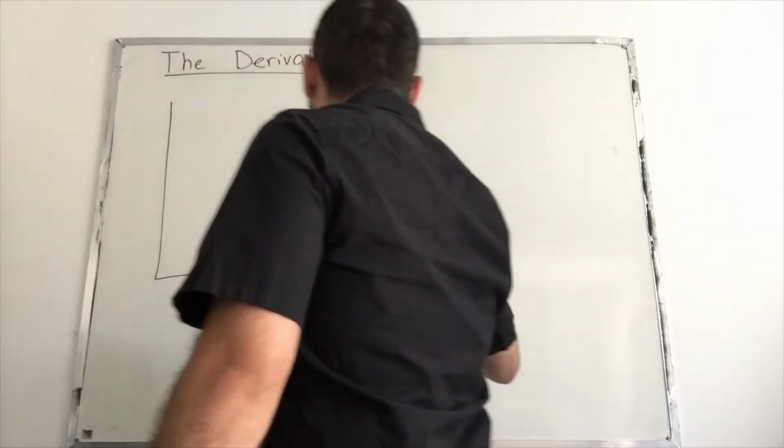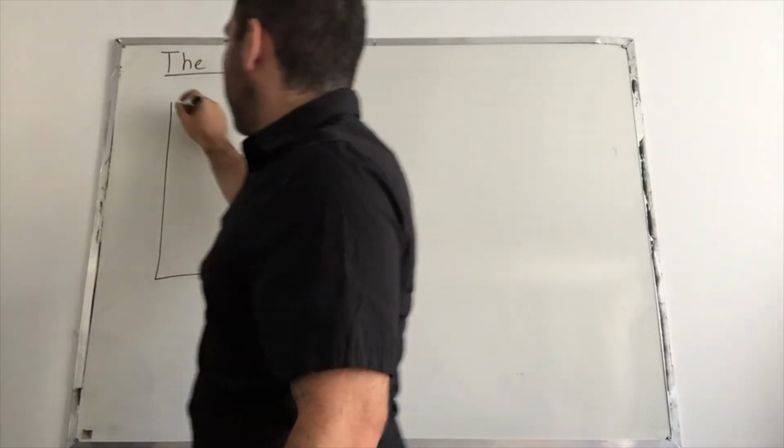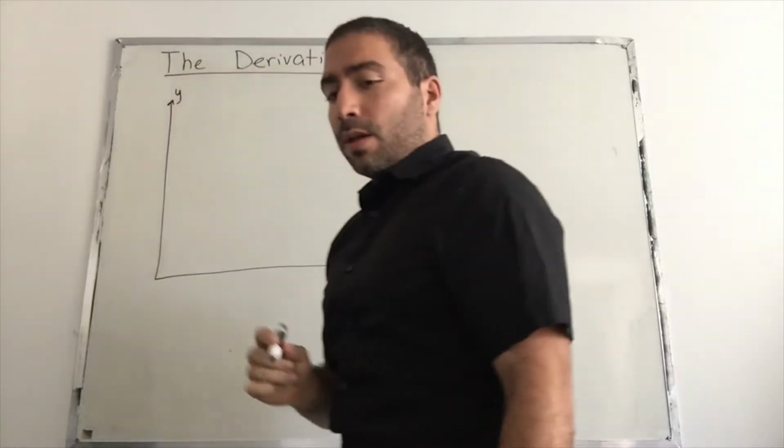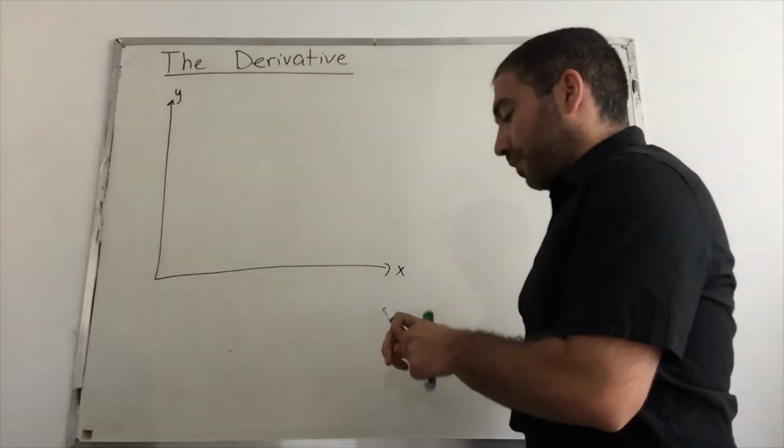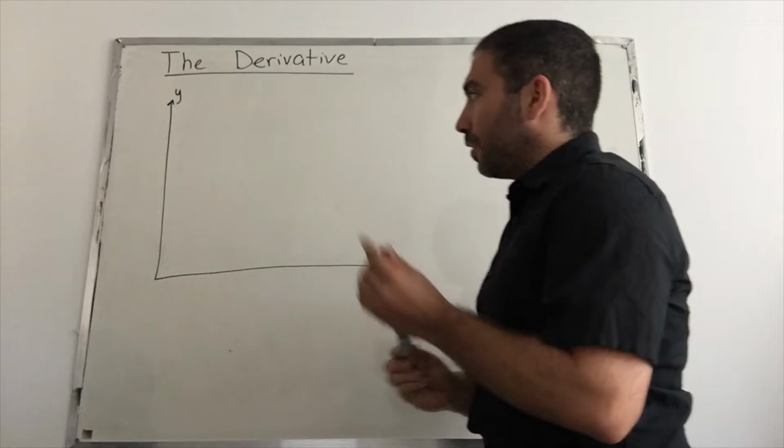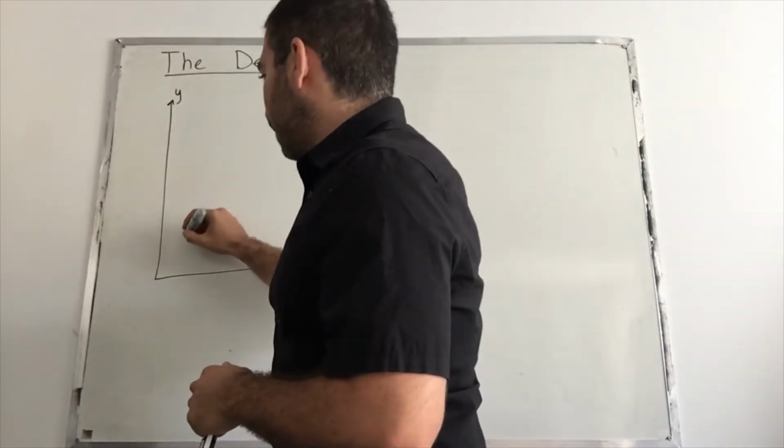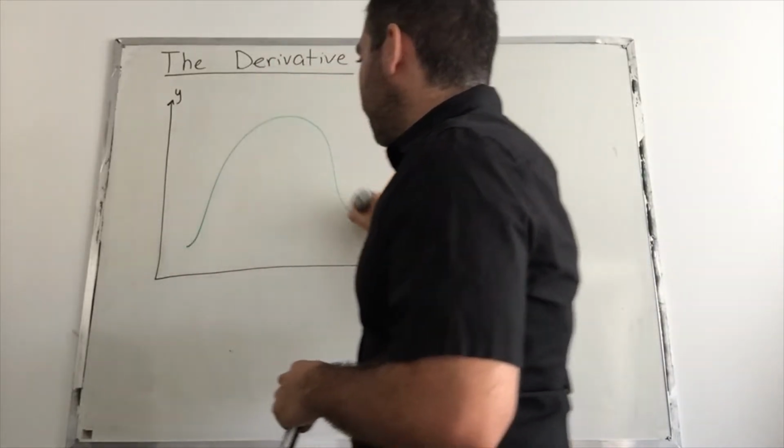So let's say I have a graph, this is my x-axis, this is my y. Let's draw a function in green. So let's say I have some function that looks like this.